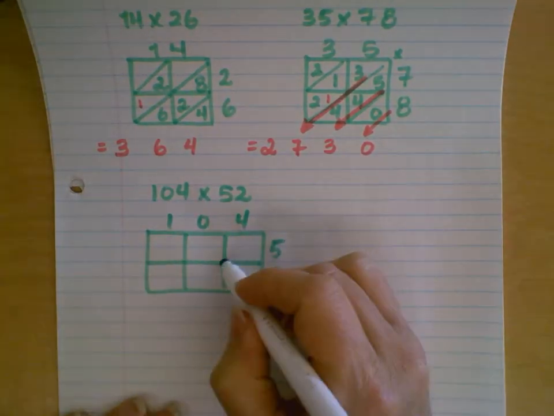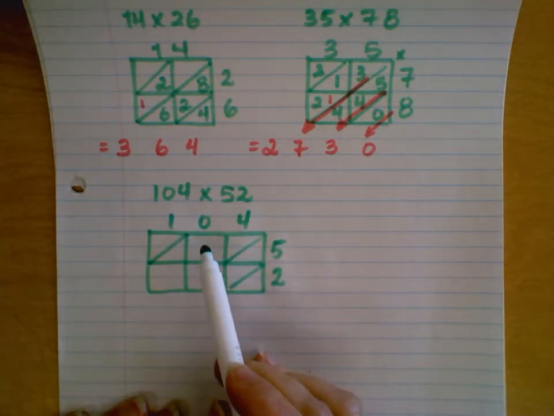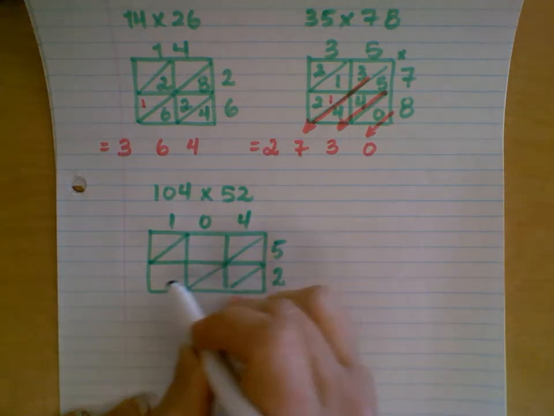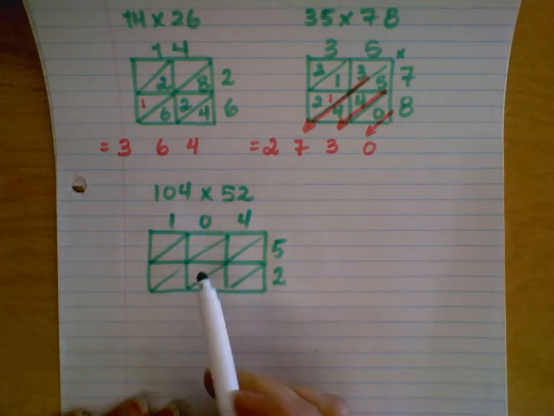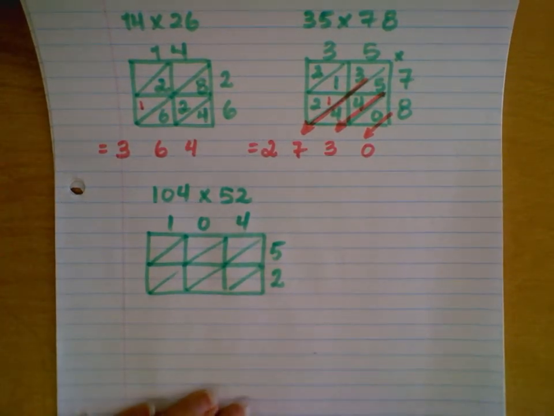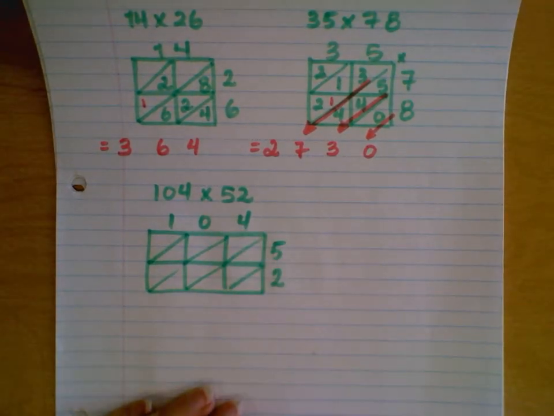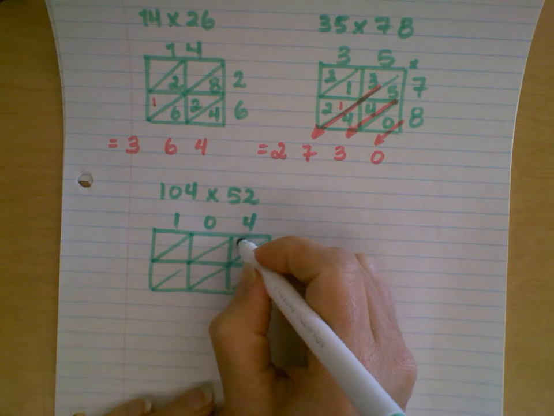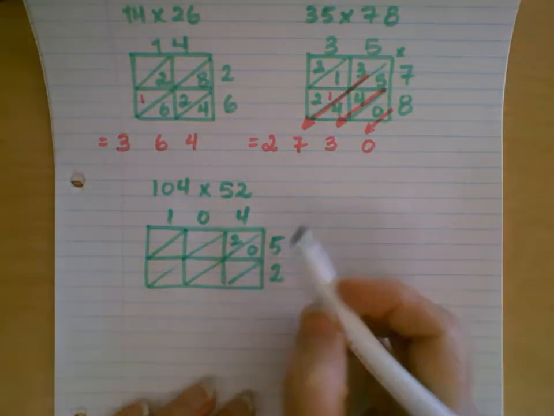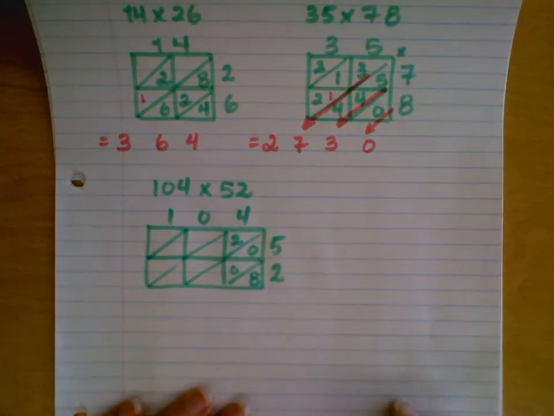Okay, and then I put in my diagonals. And you'll notice I did not put any diagonals in this center spot here. I can, it doesn't matter. But the 0 isn't going to give me a value. 0 times anything is 0, so it's kind of not necessary. Okay, so 4 times 5 is 20. 2 above the line, 0 below. 2 tens, 0 ones. 4 times 2 is 8. 0 above the line.